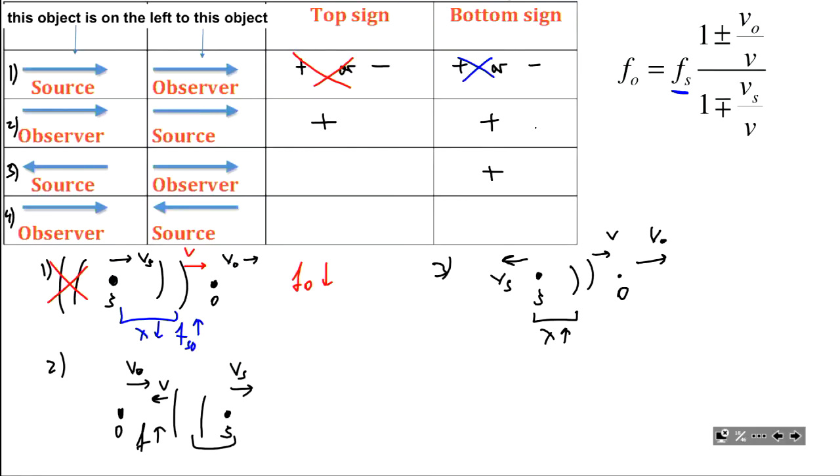And these travel in the same direction, so the frequency should go down, a minus. Case number 4. And I hope I haven't made any mistakes. But if I made a mistake, you should tell me now or never.